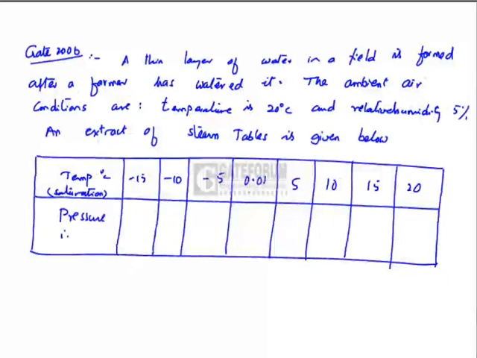Pressure in kilopascal is given: 0.10, 0.26, 0.40, 0.61, 0.87, 1.23, 1.71, 2.34. This is the extract of steam table given along with the problem.